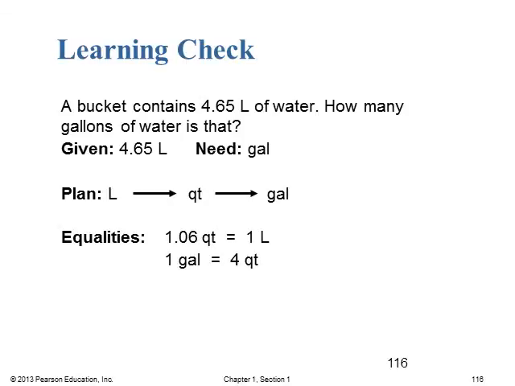So our plan is going to be from liters to quarts, then from quarts to gallons. Because we're going from metric to English units, the liters to quarts is going to be a measured value, and the quarts to gallons is going to be a standard or exact value.